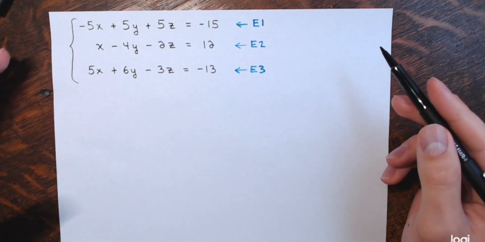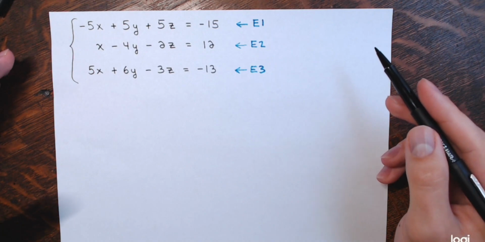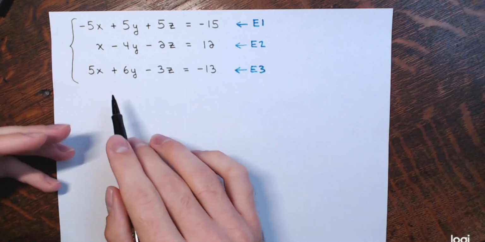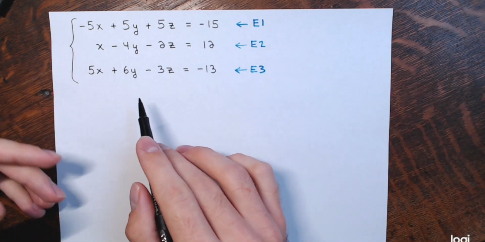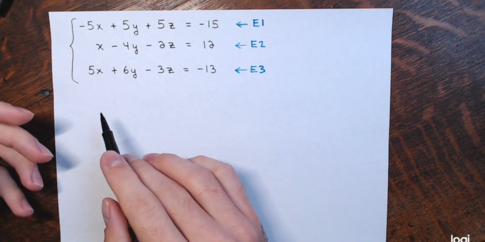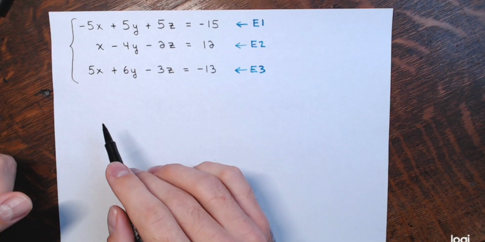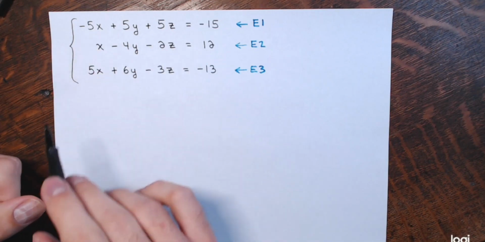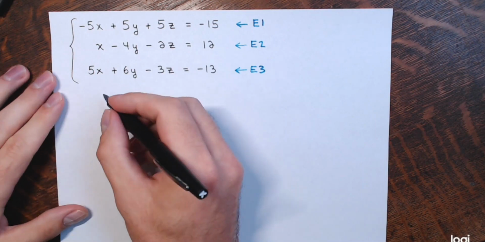So the first step is to pick a variable to eliminate. Now, with experience, with more practice, you'll notice that some variables in certain scenarios will be easier to eliminate than other variables. So having looked at this, I feel like it's going to be easiest to eliminate x's.